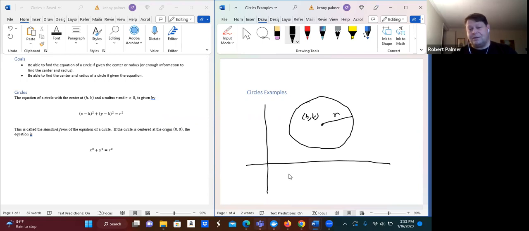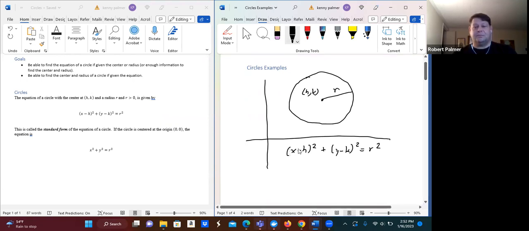And so the equation of that is (x minus h) squared, just rewriting this, plus (y minus k) squared is equal to r squared. And that's the general equation for a circle.